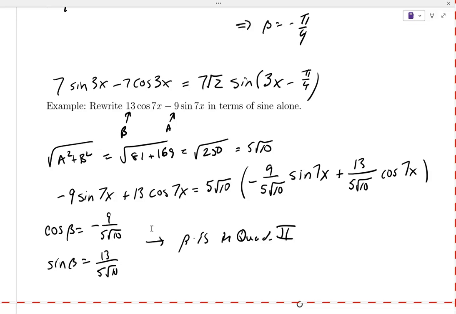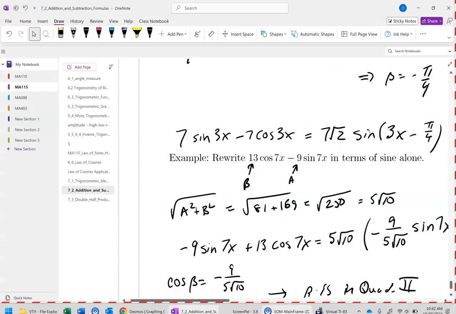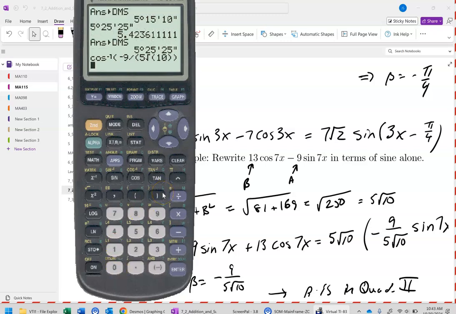So for the first one, we would do inverse cosine of negative 9 divided by, I need parentheses, 5 square root of 10. Probably would have been easier if I would have left it as square root of 250 at that point.